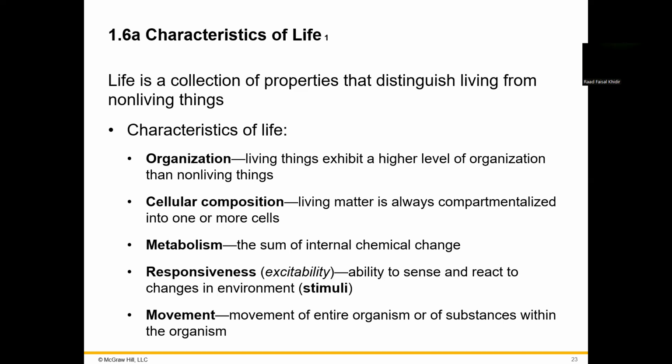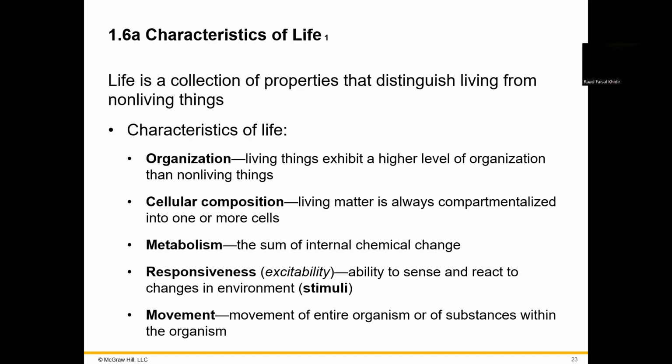Number 1, organization. Living things are highly organized. You have organ systems and organs and tissues and cells and macromolecules and subcellular compartments and so on. All living things are made up of cells. If you don't have a cell, you're not alive. Number 3, being able to do metabolism, storing anabolism, breaking down catabolism.